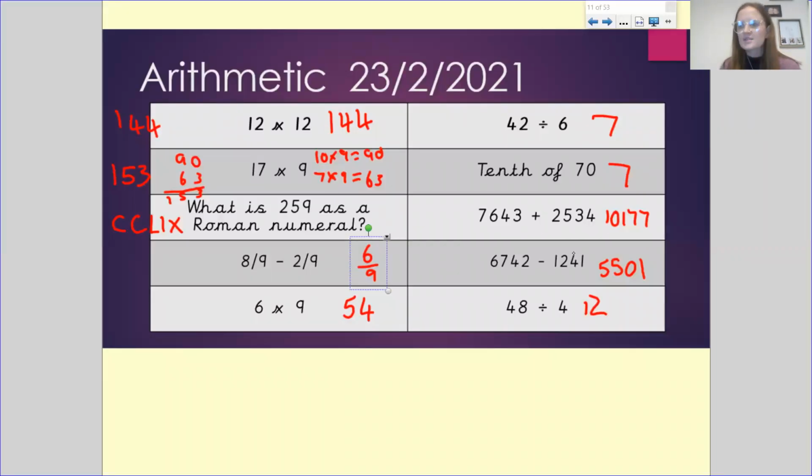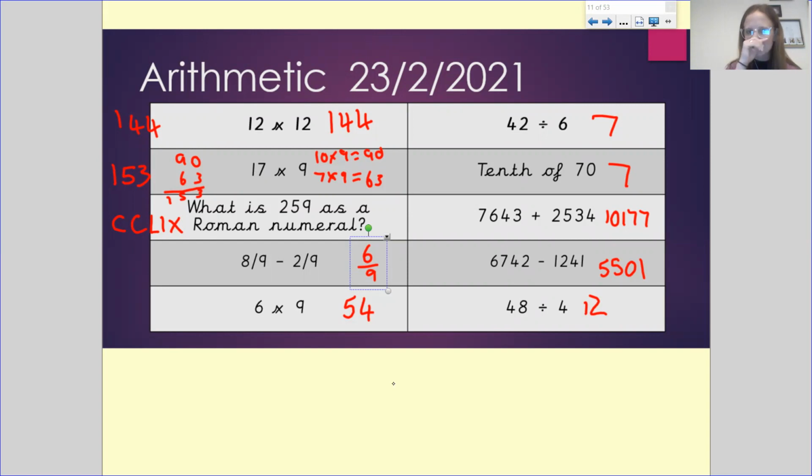So as you can see, I've got the answers that you should have got with your working out, and I will talk through a few of them with you. The first one is 12 times 12, which is obviously 144. We then had 17 times 9. The way that I've worked it out, and it is on there, is that I broke up 17 into 10 and 7.